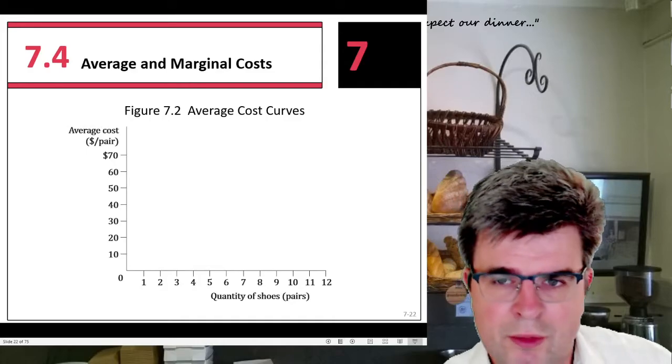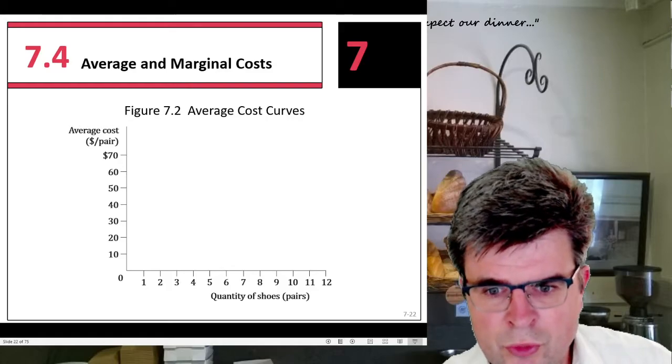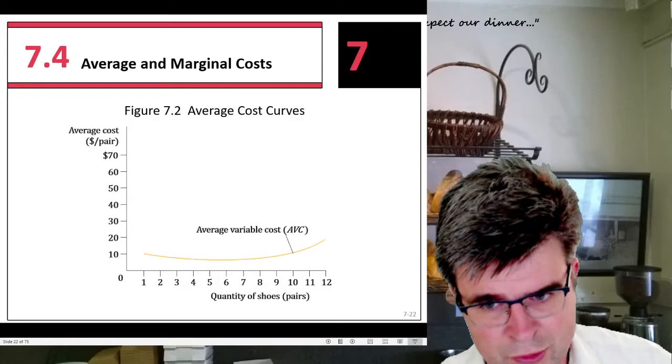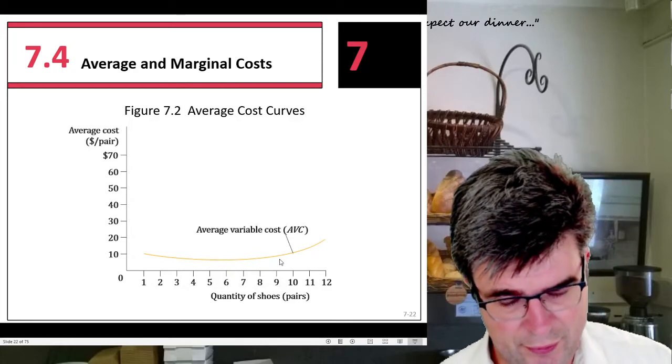That was in formula; graphically, these are the average cost curves. The average variable cost of producing shoes is first decreasing and then increasing.